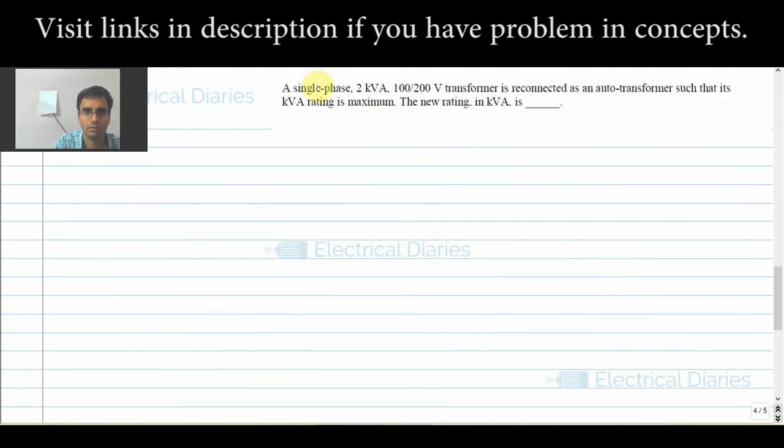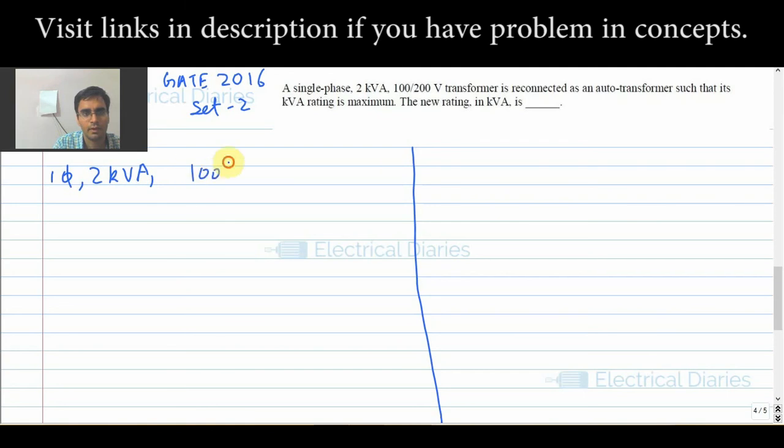So you have to keep your mind open. Now again GATE 2016 set 2: a single phase 2 kVA 100 by 200 volts transformer is connected as an auto transformer such that the kVA rating is maximum.